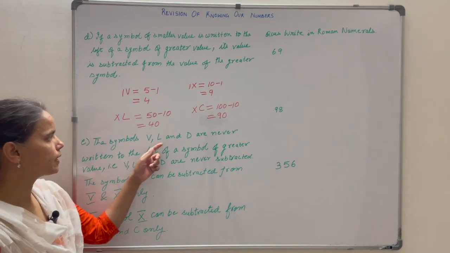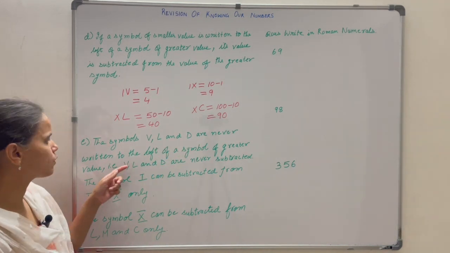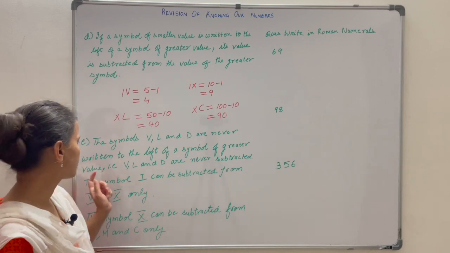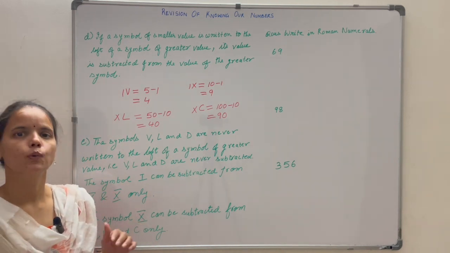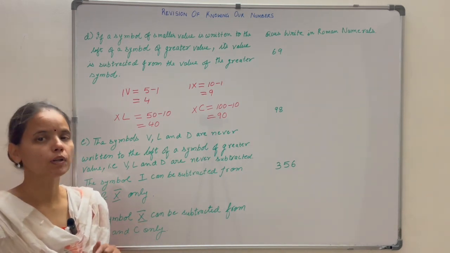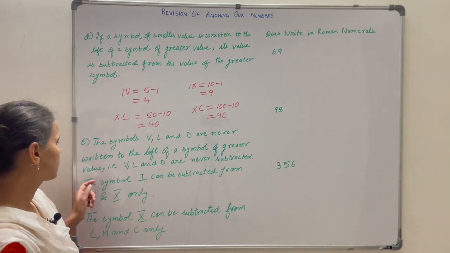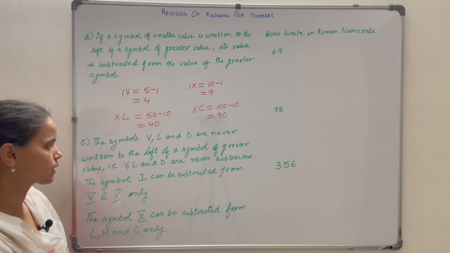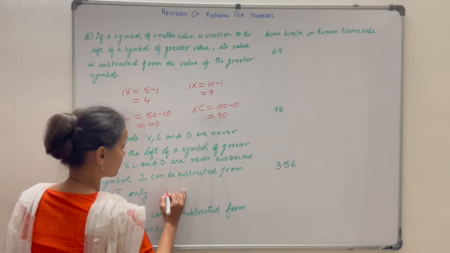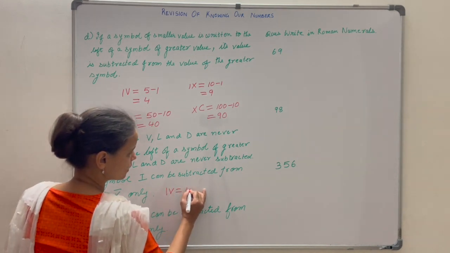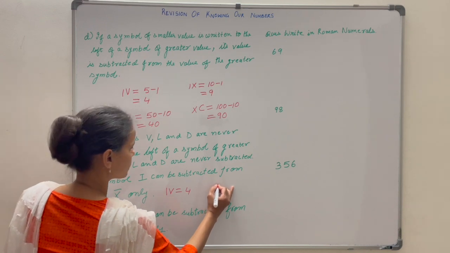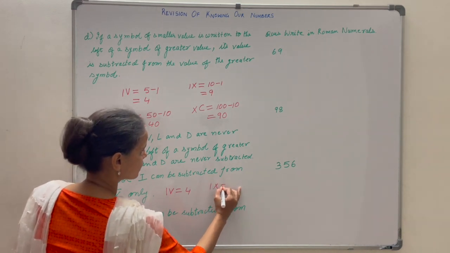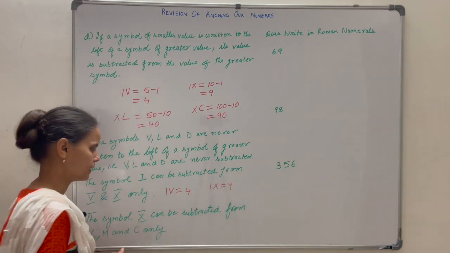The symbol V, L and D are never written to the left of a symbol of a greater value. That is, V, L and D are never subtracted. The symbol I can be subtracted from V and X only. When it is subtracted from 5, it is 4. When it is subtracted from 10, this becomes 9.